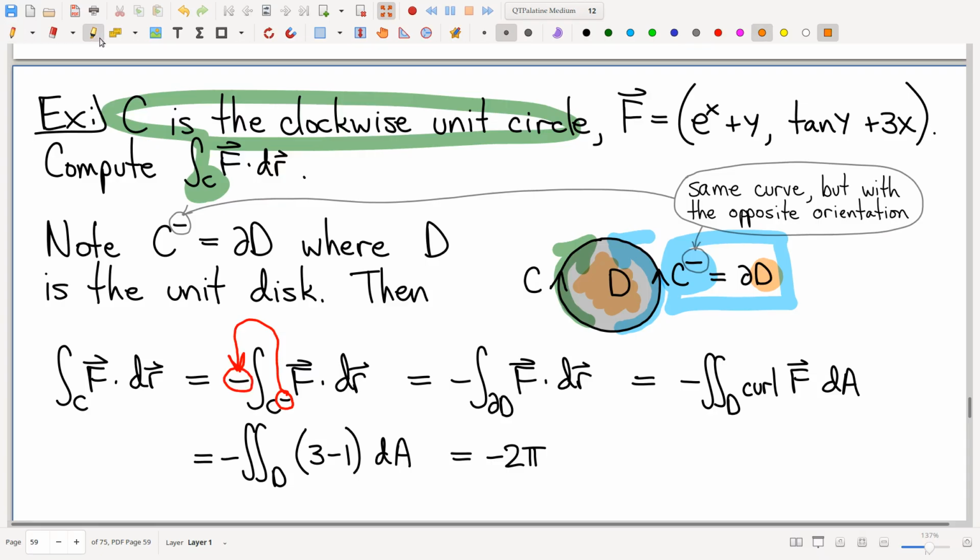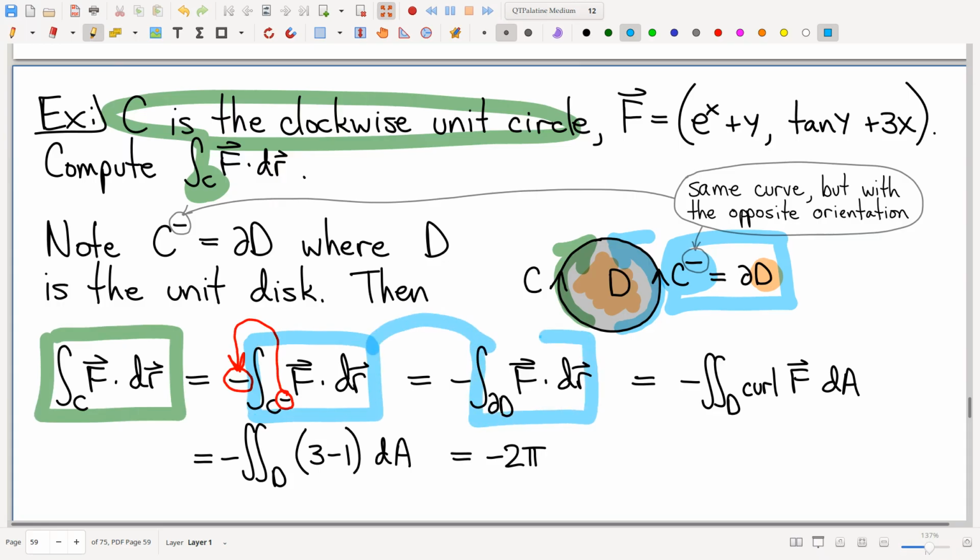The integral that I want is just the negative of the integral that is a boundary. Are we good so far? We've dealt with the minus sign. We've dealt with the orientation problem. The orientation problem just gives us a minus. Everybody happy?